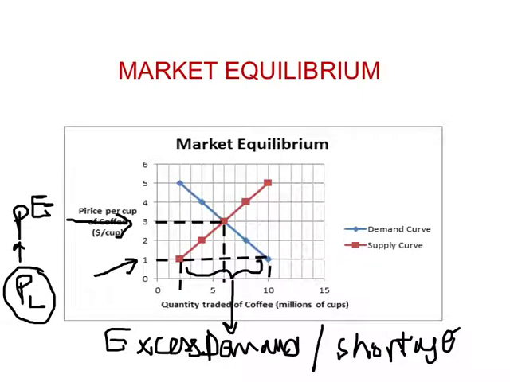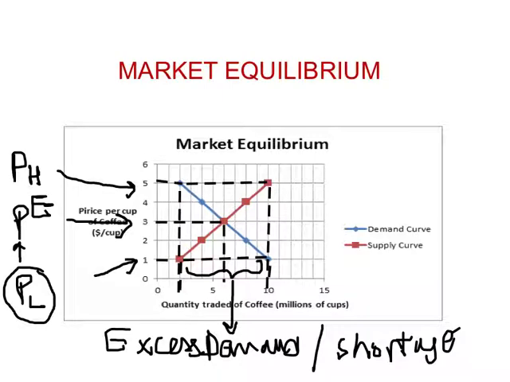Now consider a price which is higher than equilibrium price, such as a price of $5 per cup. At this price, how much is quantity demanded? You just go to the demand curve, bring this to the horizontal axis, and that will be 2 million cups of coffee. At a price of $5 per cup, how much is quantity supplied? It will be 10 million cups of coffee.